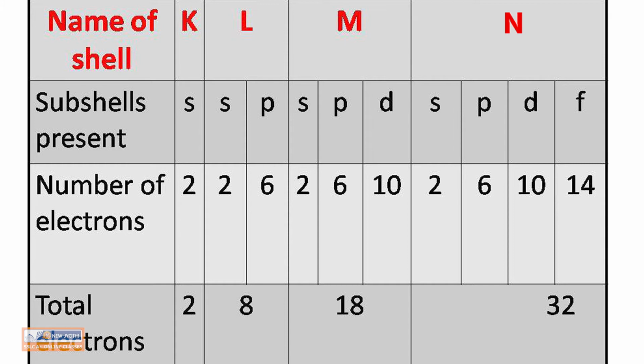The third or M shell has 3 subshells, S, P and D, named 3s, 3p and 3d. The fourth or N shell has 4 subshells, S, P, D and F, named 4s, 4p, 4d, and 4f.